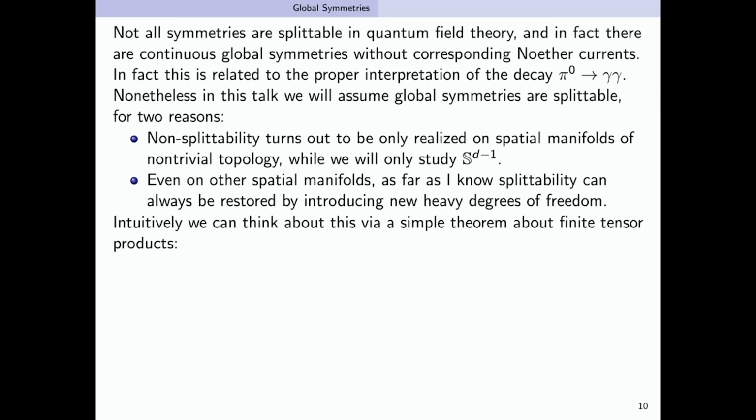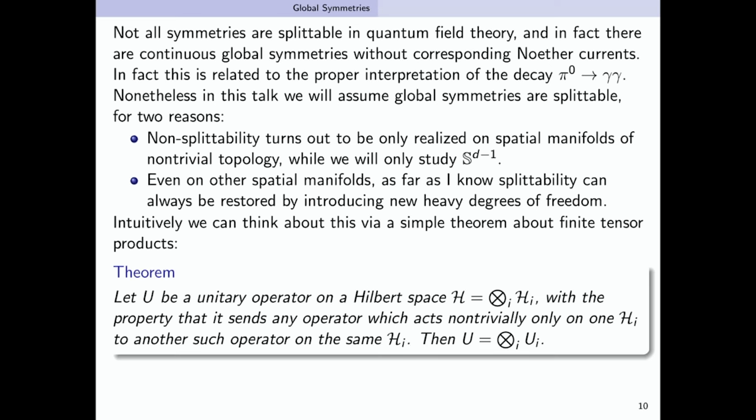Okay, and so intuitively you can think of this idea that everything should be splittable, and there's some trivial theorem about lattices where if you have a tensor product Hilbert space and you have a U where, under conjugation, an operator that's localized on just one of the sites always gives you an operator on the same site, then U is a tensor product operator.